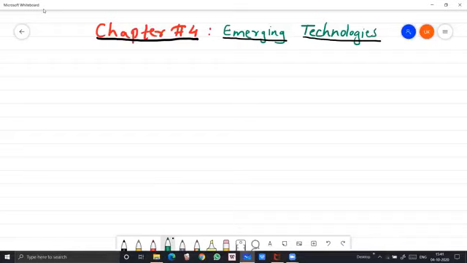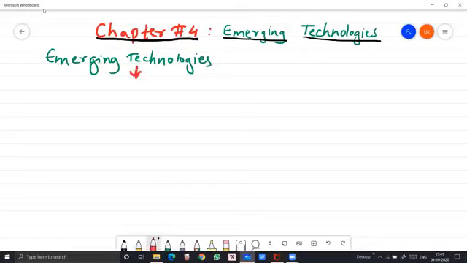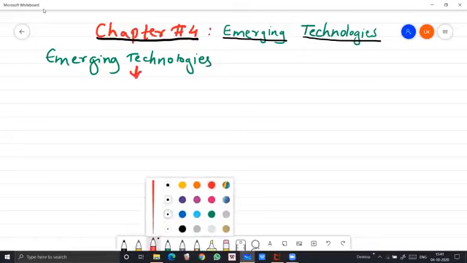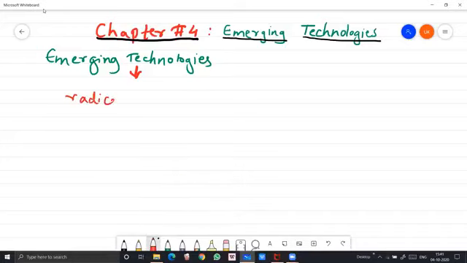Emerging technologies are characterized by radical novelty, which means a totally new thing, and relatively fast growth.